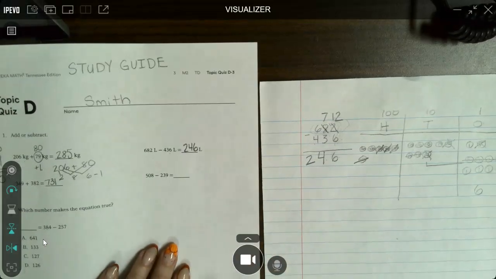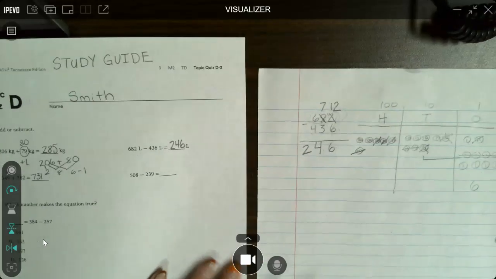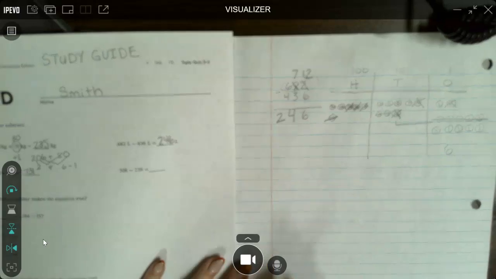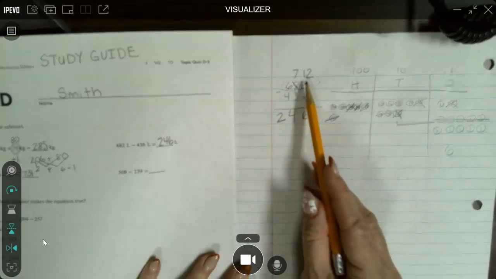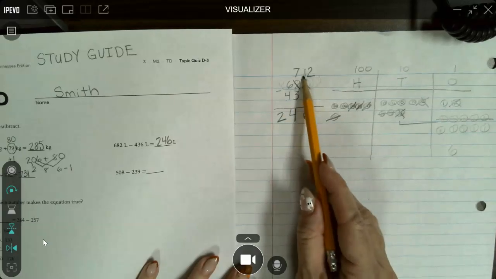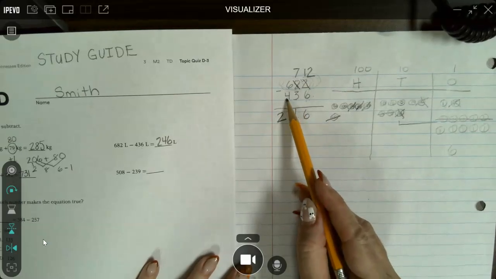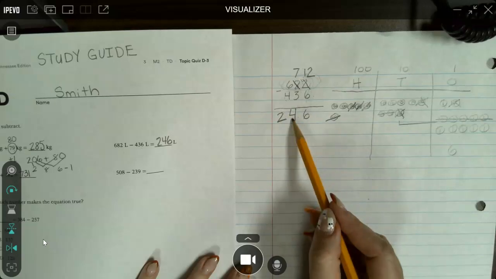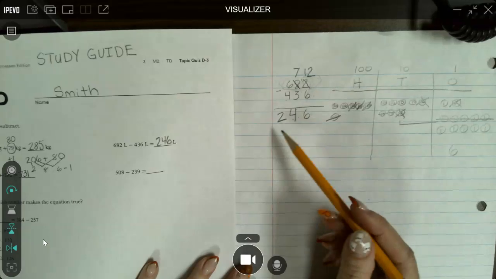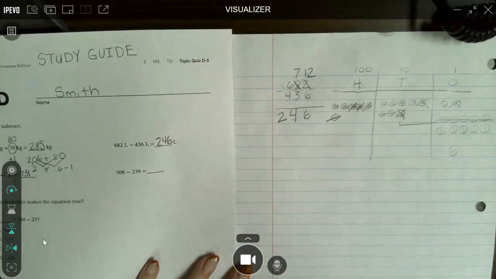Okay. The additional strategy that sometimes students find easier is finding the difference between these two numbers. Here is your total amount. Here is part of that amount. But this amount is the distance between those two numbers, or how much is missing between those two numbers.